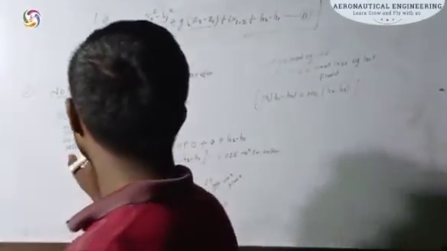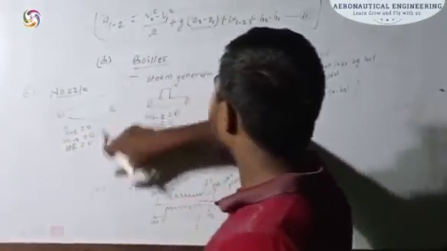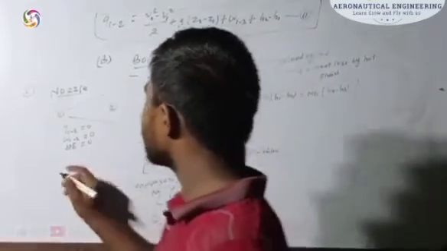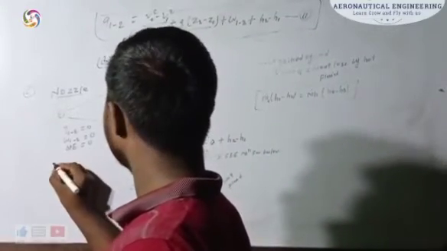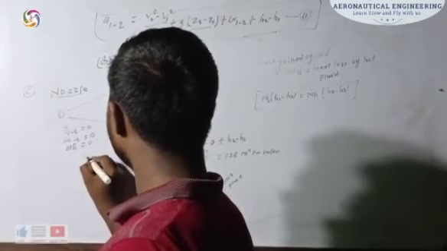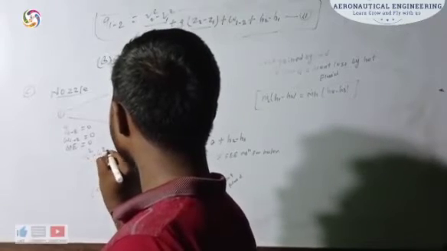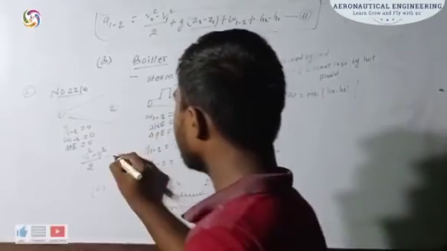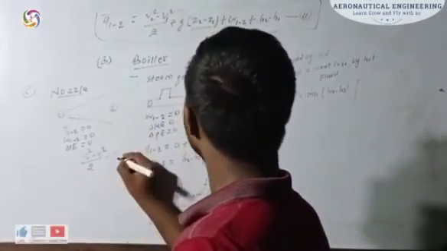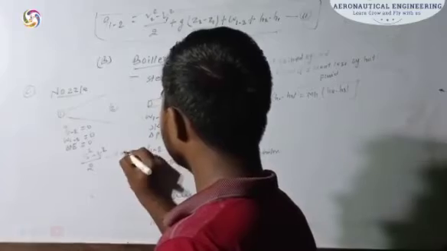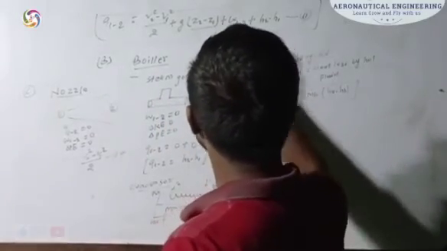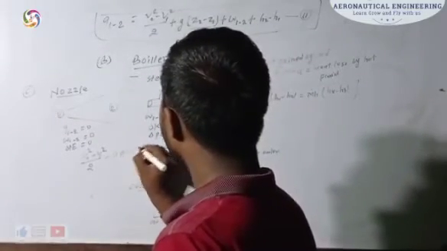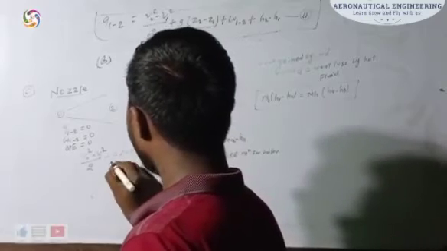So if we are substituting all these values in this equation, we get 0 equal to (V2 square minus V1 square) upon 2 plus potential energy becomes 0 plus work done is also 0 plus H2 minus H1.